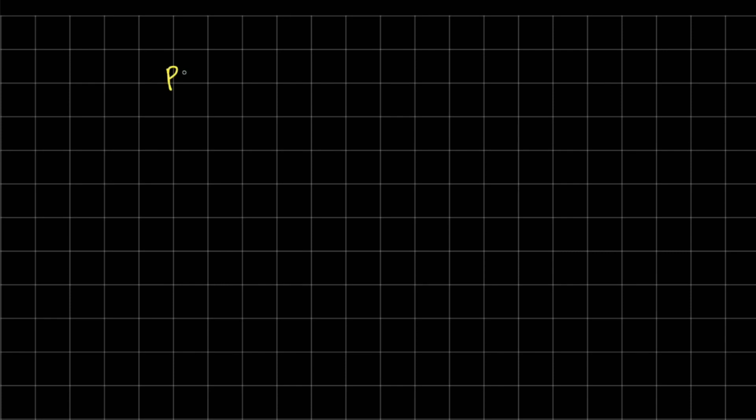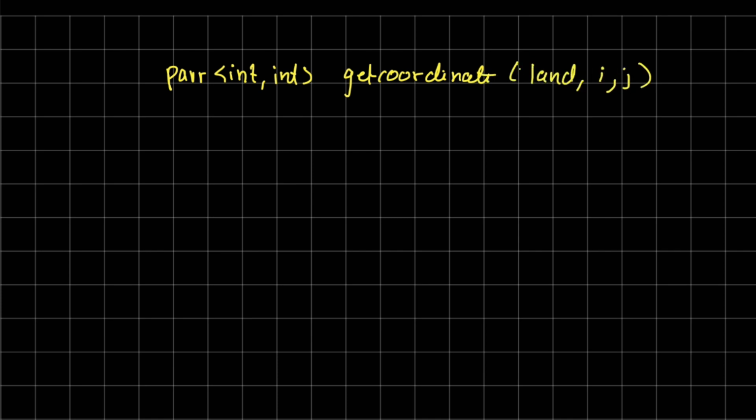It will also return us a pair of int, get coordinate, with parameters land, i and j.